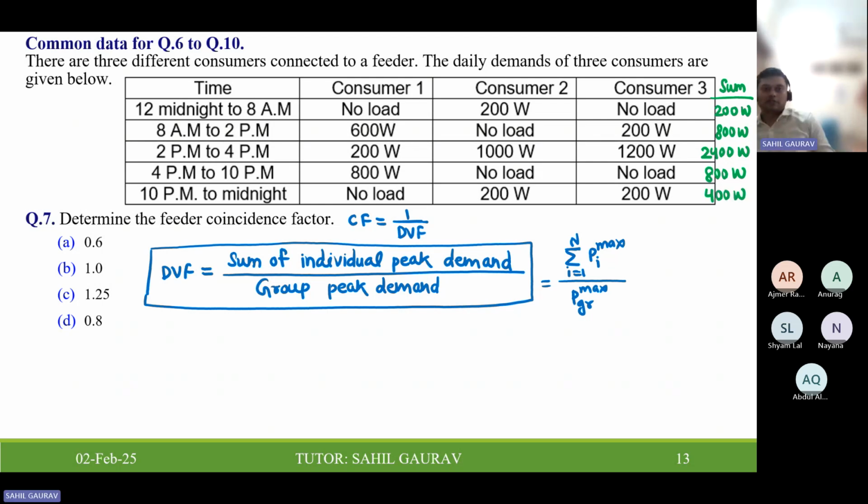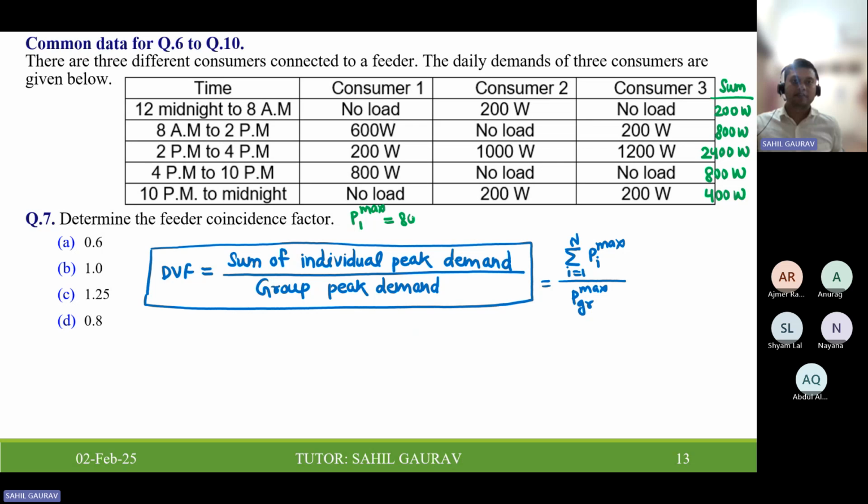Now I think you can solve this problem. And here I can also write some individual peak demand. So for the consumer one, you can write P1 max.